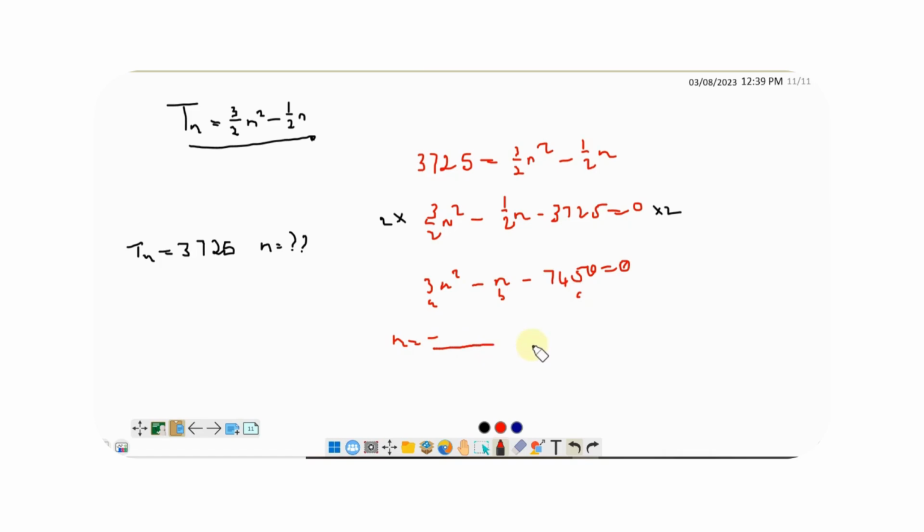So n equals negative negative 1 plus or minus the square root of negative 1 squared minus 4 times a times c, over 2a, and solve for n.